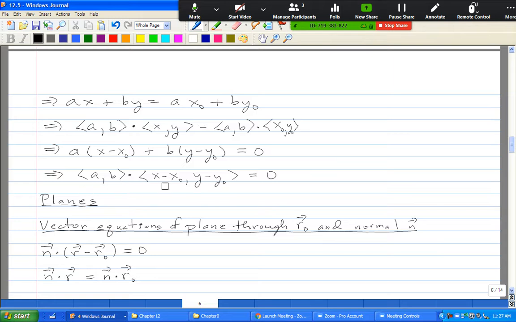So that's the same as this equation. Or the vector n dot the vector r equals the vector n dot the vector r sub 0, which is really this equation.